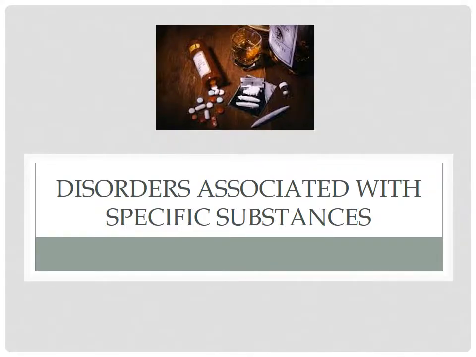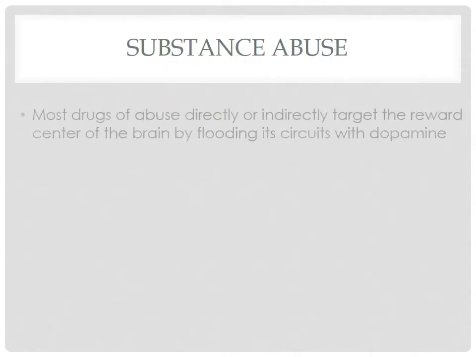So let's talk a little bit about some of the disorders associated with specific substances. Just in terms of substance abuse more broadly, most drugs directly or indirectly target the reward center of the brain. And oftentimes this is done with dopamine specifically.